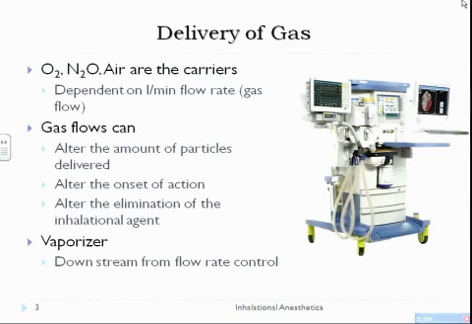So if I put in 4 liters per minute of nitrous oxide and 4 liters per minute of oxygen, what's the percentage of nitrous oxide? 50%. Okay, 50%. It's just a ratio. That means when it hits the vaporizer, it's going to be exposed to 50% nitrous and 50% oxygen.